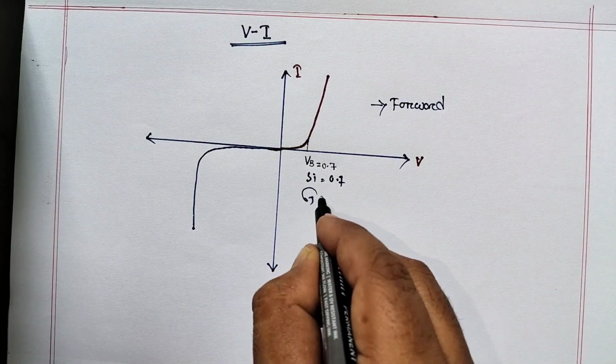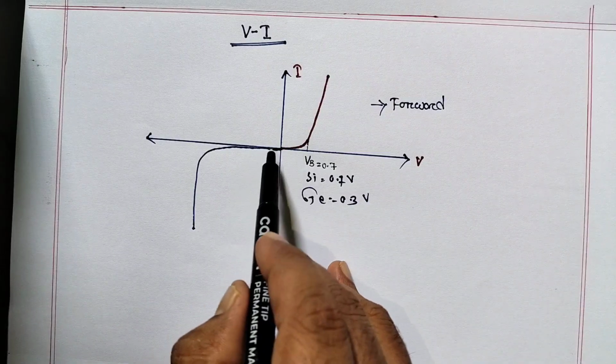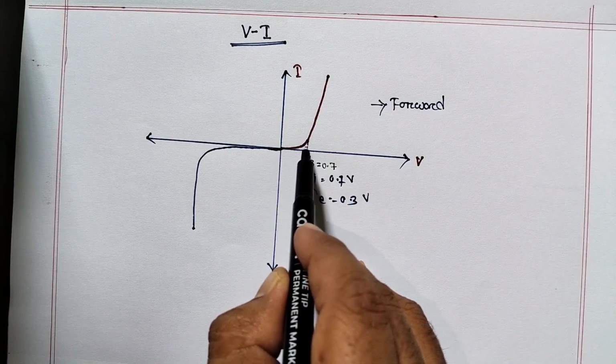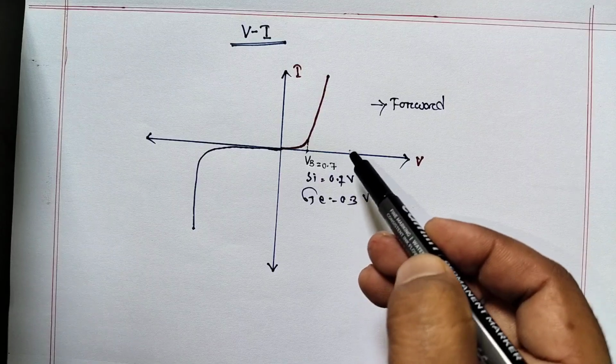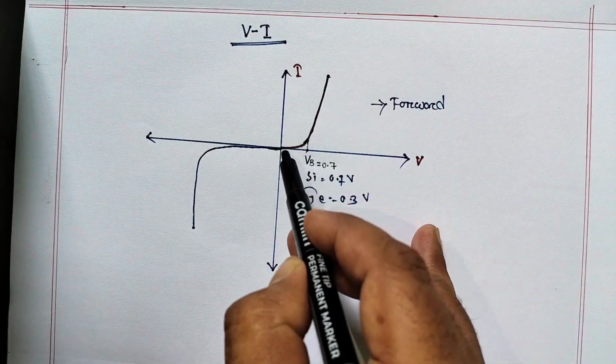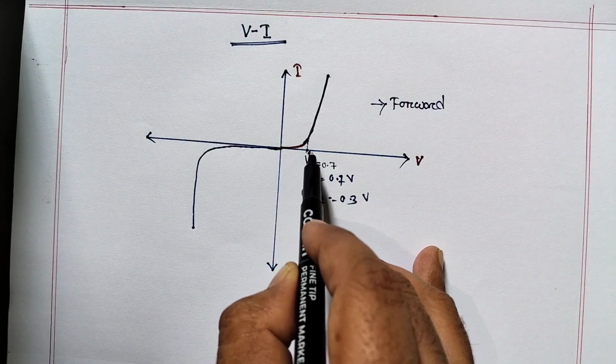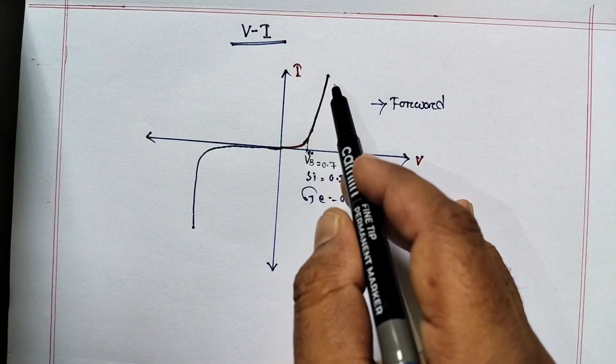In the case of germanium, this is 0.3 volt. When the forward voltage is increased more than 0.7, it allows current to flow. This is called the forward VI curve. When the voltage increases beyond 0.7, after that the current will increase.